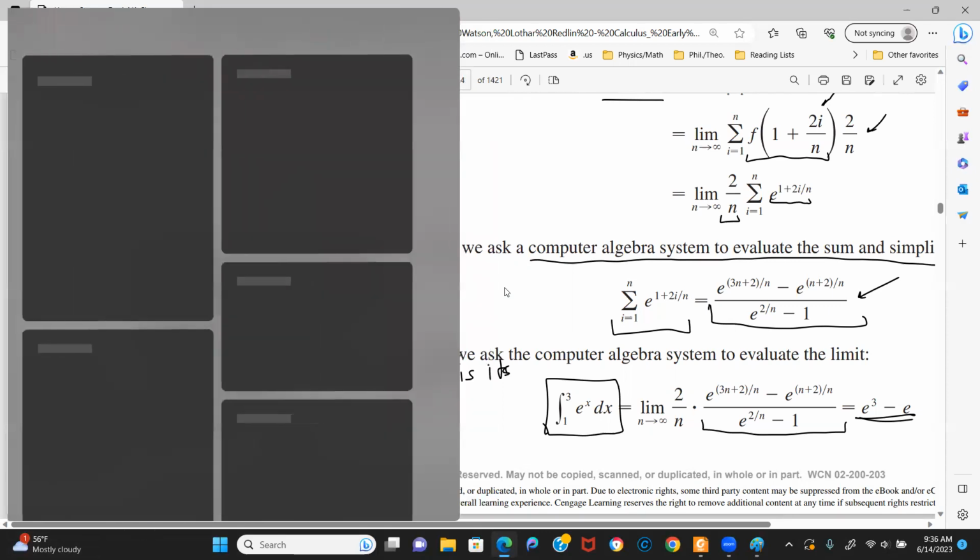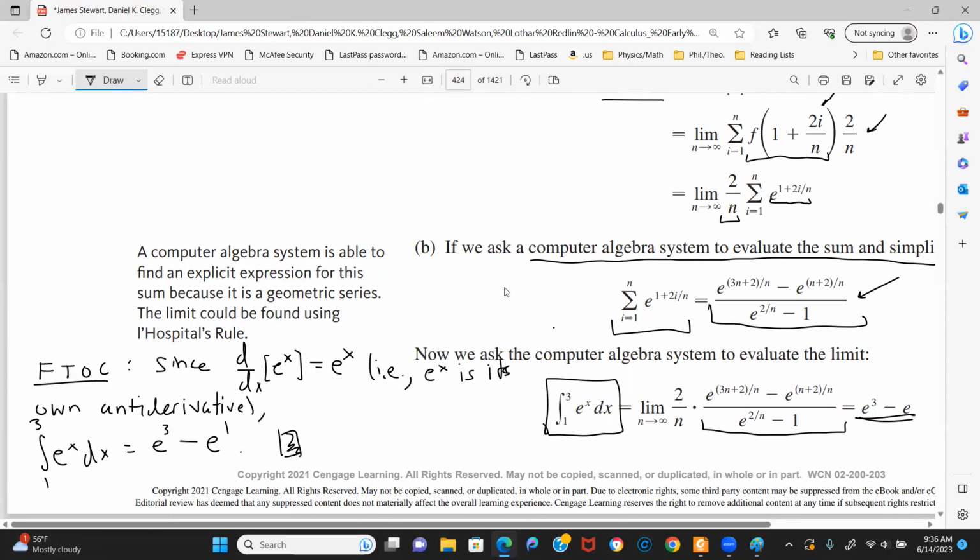So this is going to be huge motivation to want to understand what the fundamental theorem of calculus is and how to prove it. Because once you know the fundamental theorem of calculus, evaluating this limit is literally one line, and that all rests on the fact that e to the x is its own antiderivative.